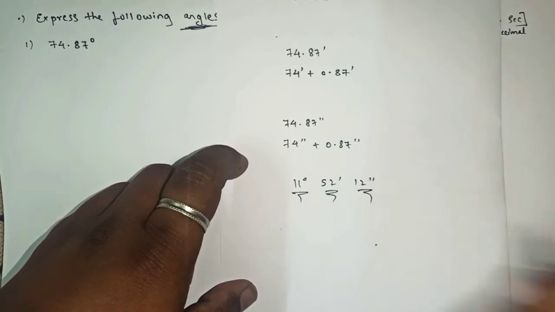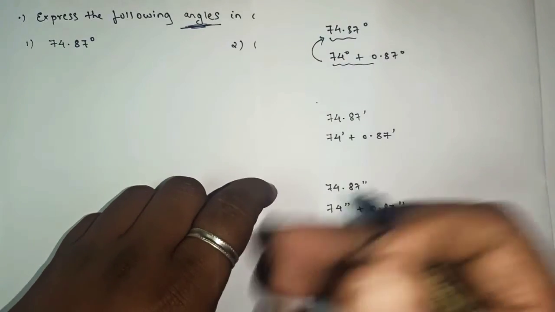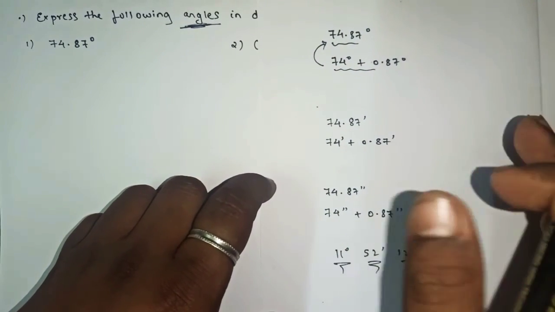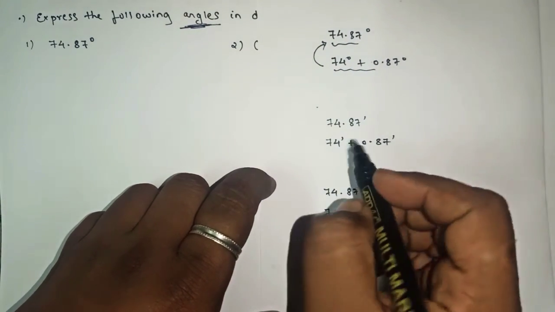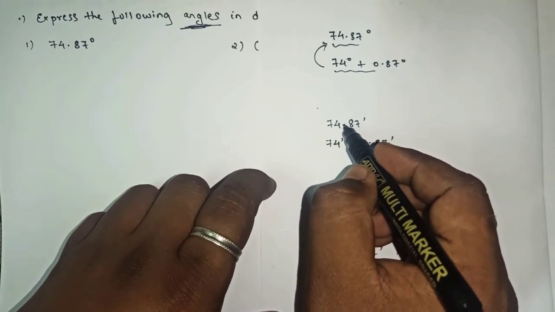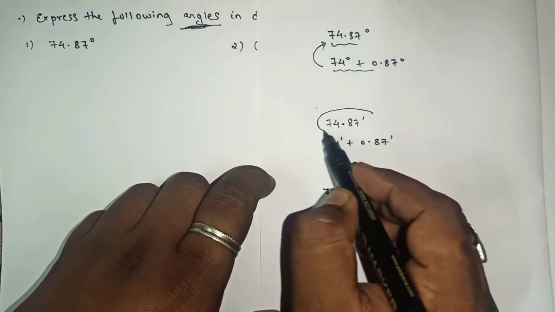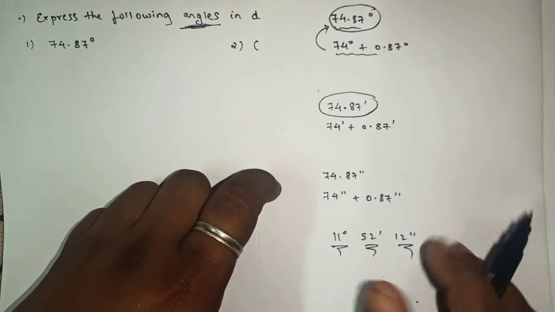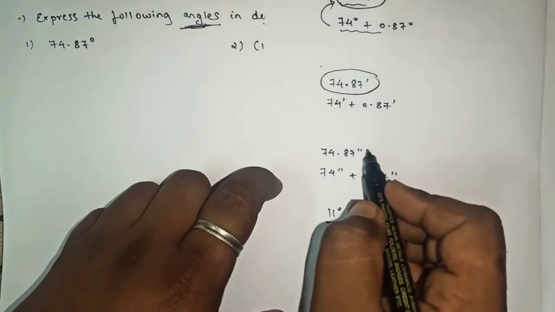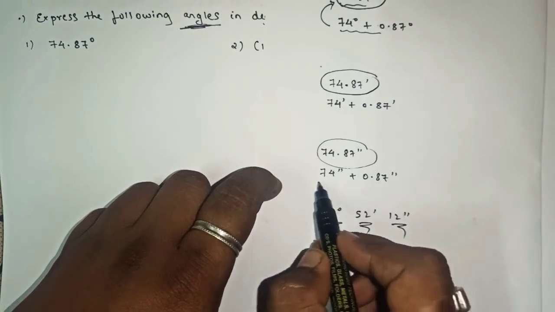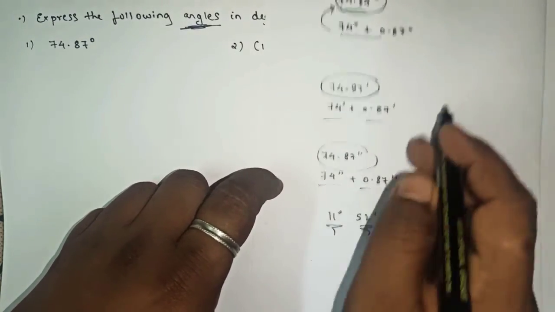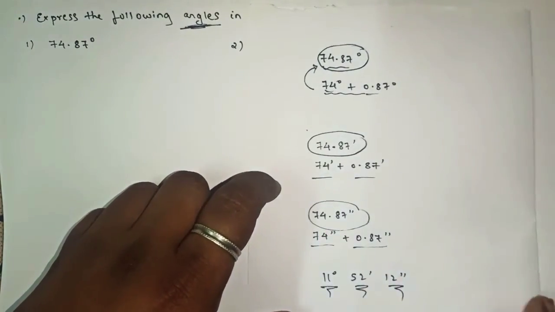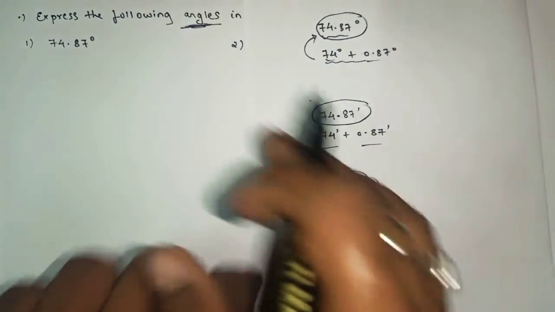Now we'll see the process of how to convert. Whenever you come across a decimal in degree, in minute, or in second, you will break the number like this and then apply the process I will explain now.